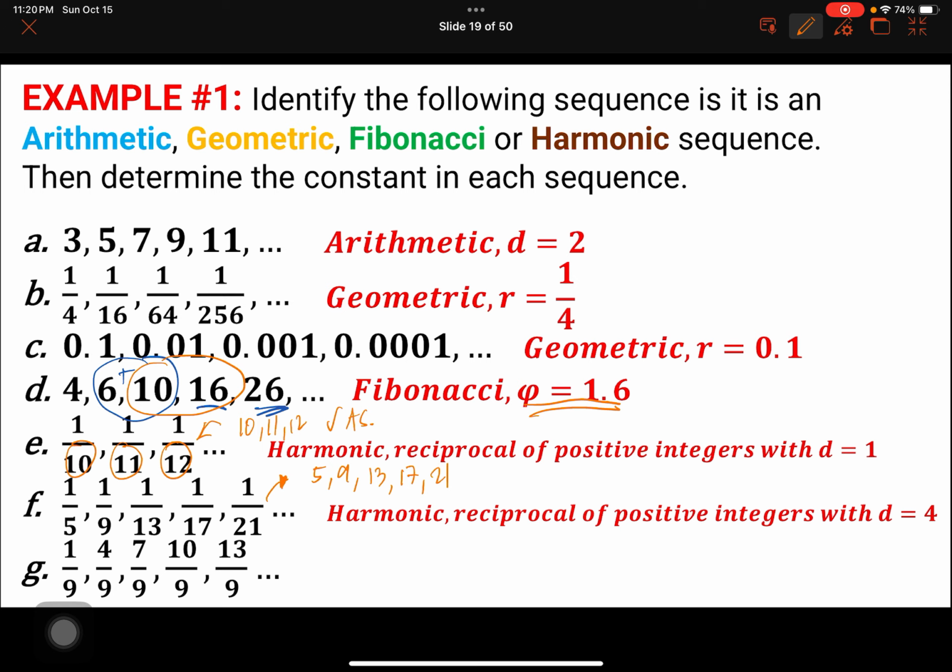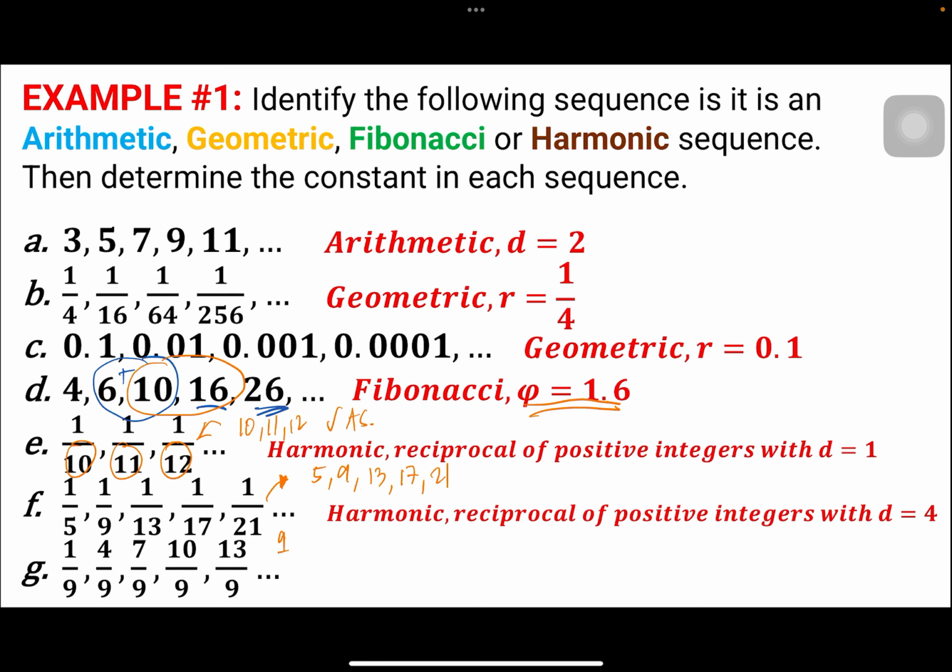Lastly, so mapapansin nyo po, no, fraction pa rin siya, pero yung denominator ang magkakamukha. So hindi po natin siya mako-conclude na harmonic. Kasi pag binaliktad nyo po yan, ano mangyayari? 9 over 1, 9 over 4, 9 over 7, diba? Meron ba tayong common difference dyan? Wala po.